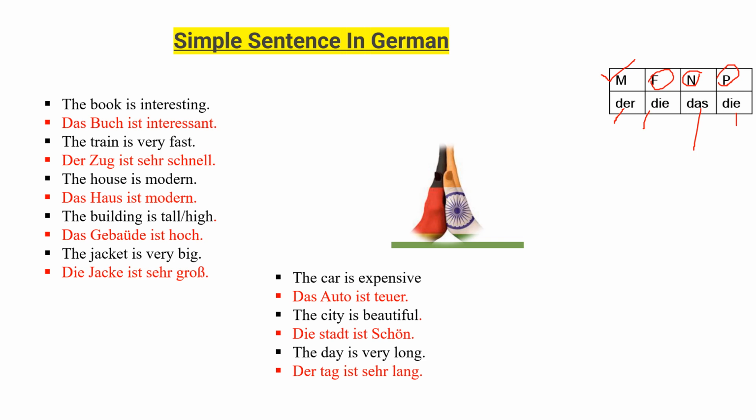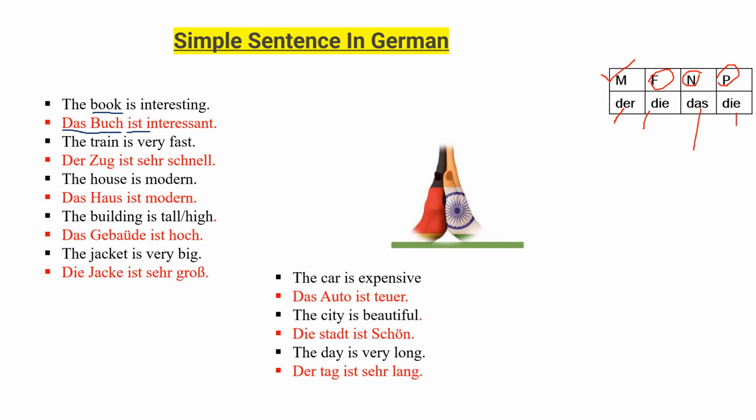All right. The first sentence is: the book is interesting. Book, we have already read, is considered neutral. So, Das Buch ist interessant. Interesting in German is called interessant.